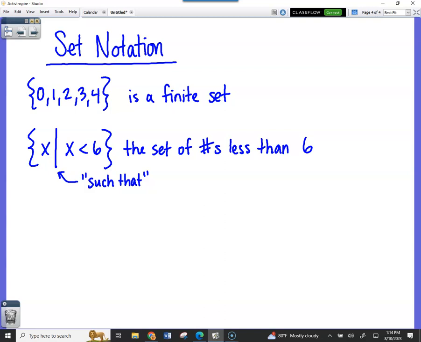Would you say that the set of numbers less than 6 is an infinite set? Yes, because there's negative infinity, right? It just said all it has to be is less than 6.